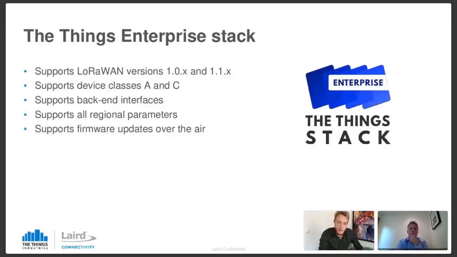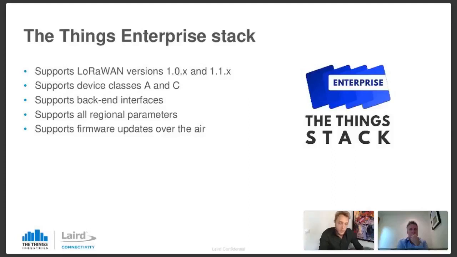The Things Enterprise Stack also supports backend interfaces, and that means that it's interoperable with other networks. So we have a join server, for example, which you can operate yourself, or you can use our hosted solution. But that join server can also be used by other networks. And likewise, we also support external join servers.